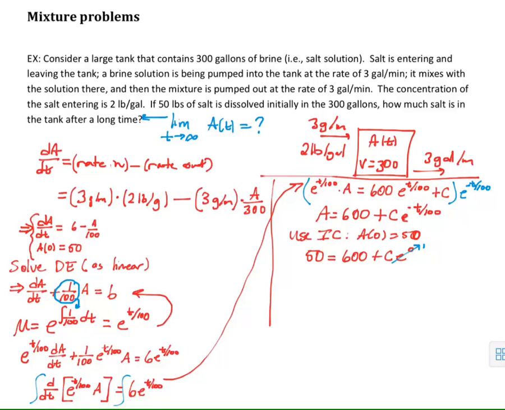Agreed? So e to the 0 is just 1. So what is C? Negative 550. So A of t is equal to 600 minus 550 e to the negative t over 100.